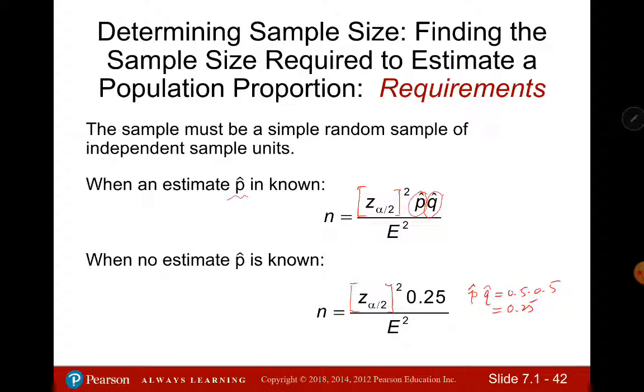If we do not know P value or Q value, we can use 0.25 to replace the P hat times Q hat term. So we have two formulas for the minimum sample size.